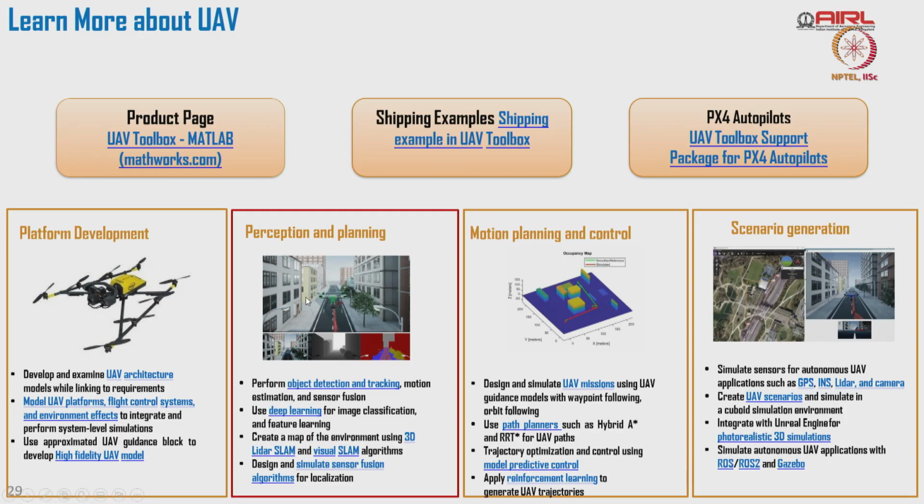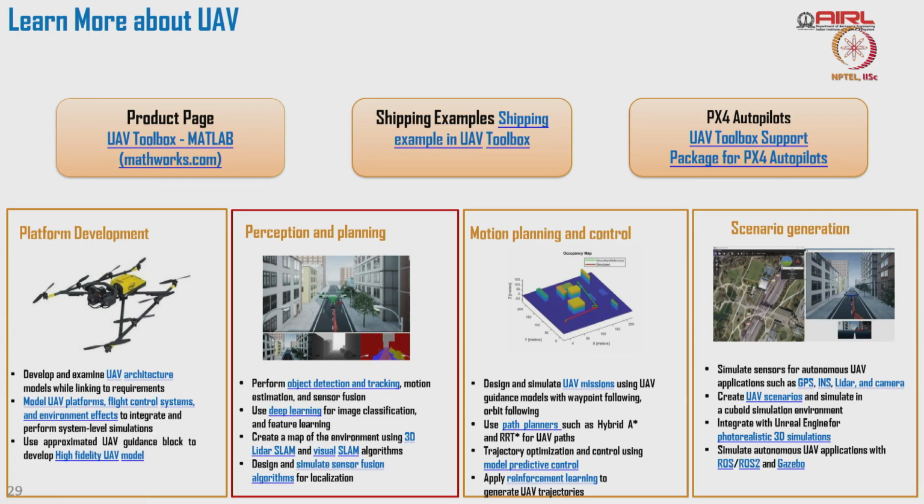You can read more about perception and planning. We will just give an introduction to it, and if you are interested you may have to take courses on aerial perception, which will give you a lot more understanding about object detection and tracking, which is possible using multi-sensor fusion or estimation. You can use a Kalman filter to estimate, or you can get into deep learning based image classification, feature learning kind of a thing.